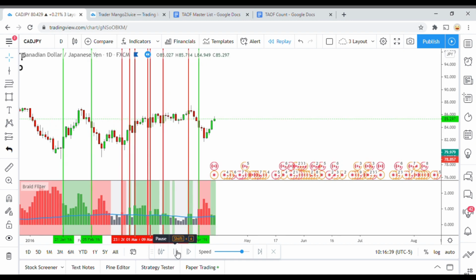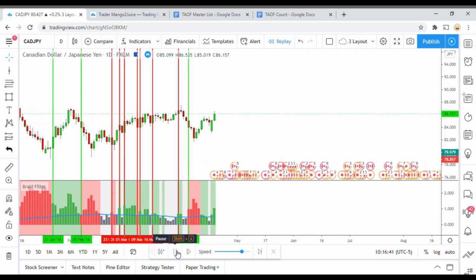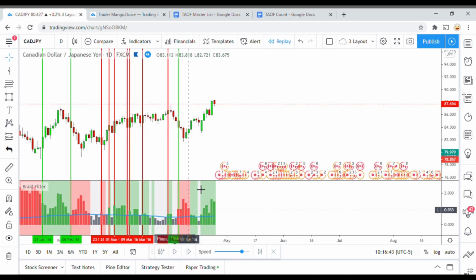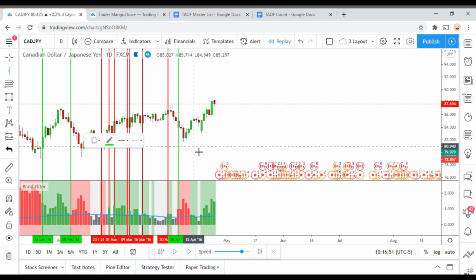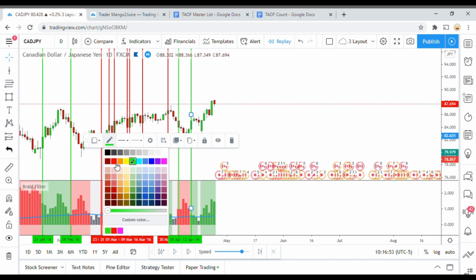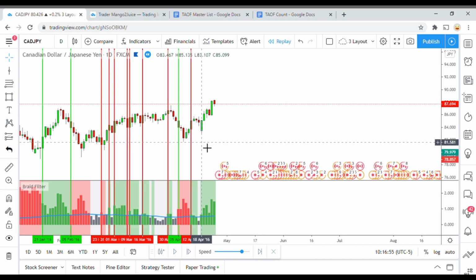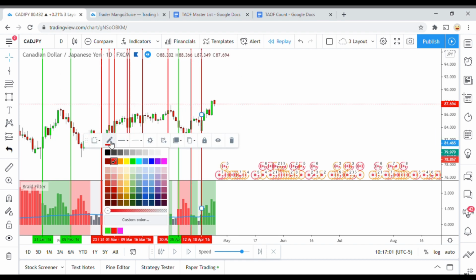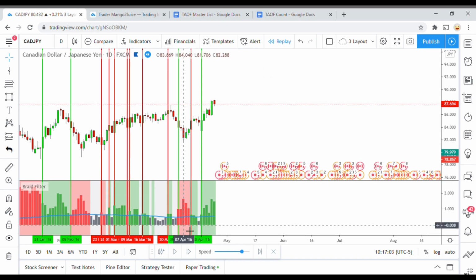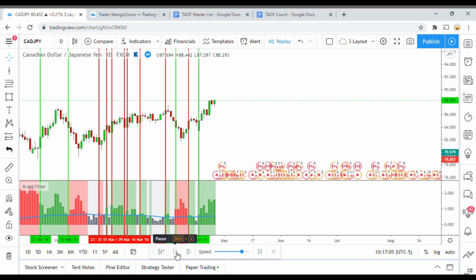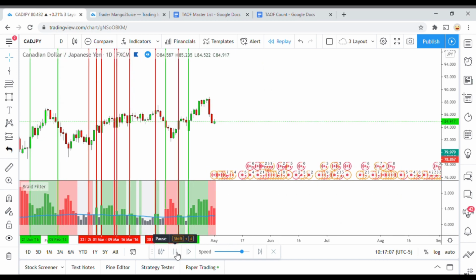That one gets us to take profit. See if that, nope, that one did not. Another stop out, but then this one here spikes up rather nice, and that one gets us to take profit.